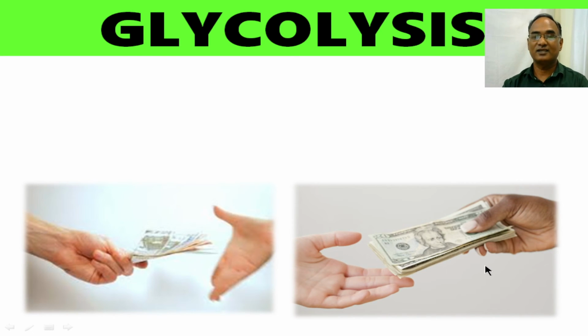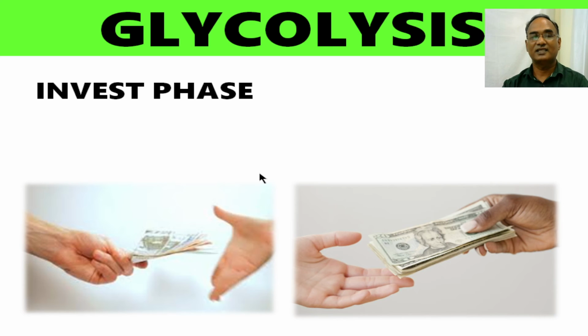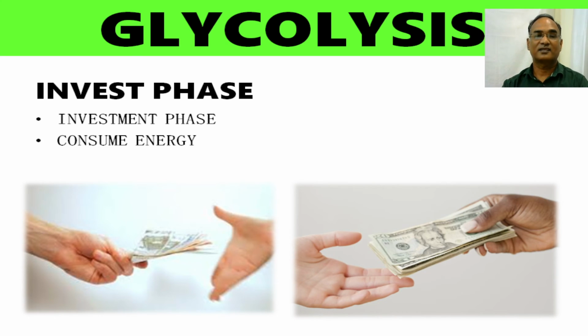Okay. So glycolysis we can divide into two phases. First, the energy investment phase, and second, the energy payoff phase. In the energy investment phase, we have to invest 2 ATP to move the process further and consume energy. At this stage we have to put in some energy to motivate your system to carry out the glycolytic process.